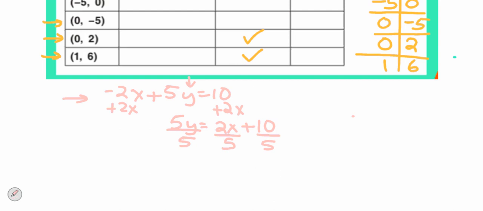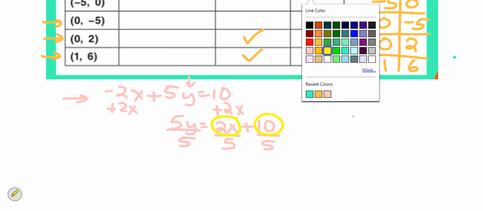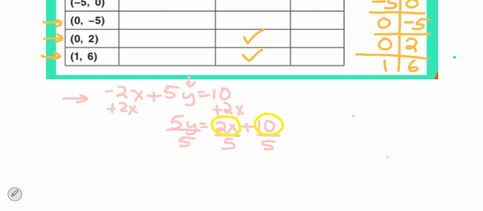But when we're dividing or multiplying, we have to be very careful, because there are 2 terms here. 2x is a term and 10 is a term. We have to divide both those terms by 5. All right, just a little reminder. So then our 5's cancel out. We get y equals 2x over 5, or 2/5 x, either way. And then 10 divided by 5 is 2.